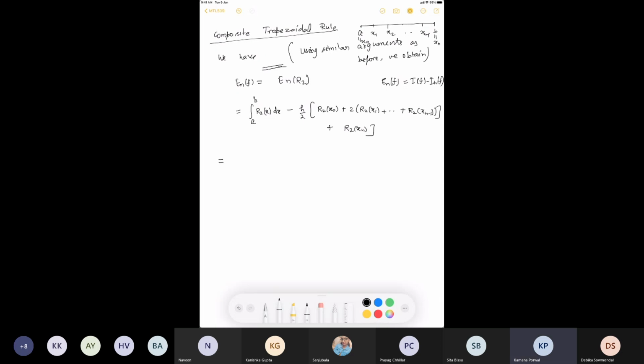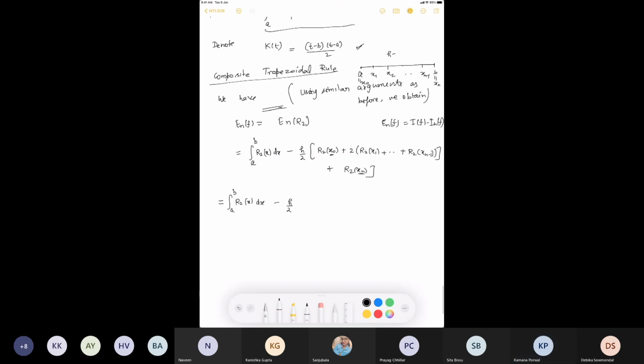So let's again substitute what R2(x) is. We know that x0 is A and xn is B. So let's substitute that first. So we have the integral of R2(x) dx minus h by 2, and h here is nothing but (b minus a) divided by n.